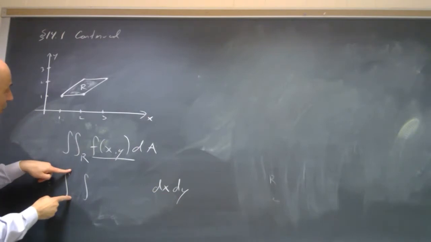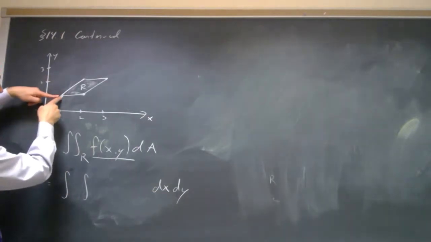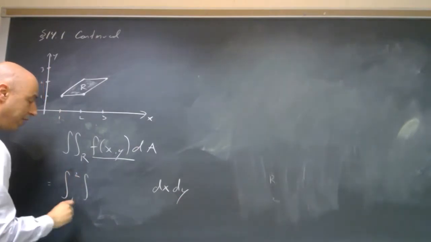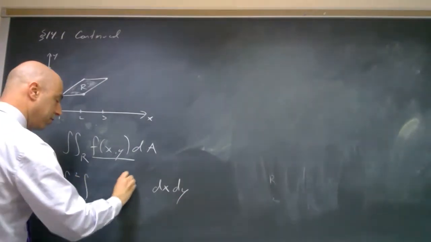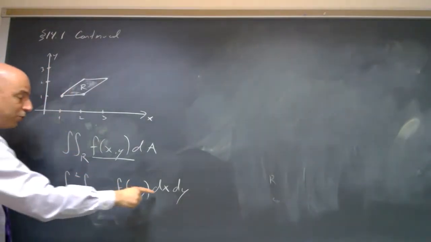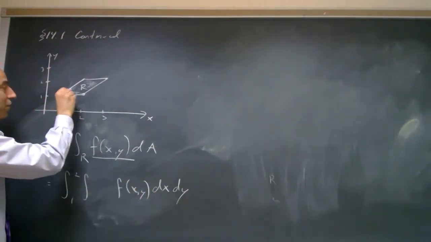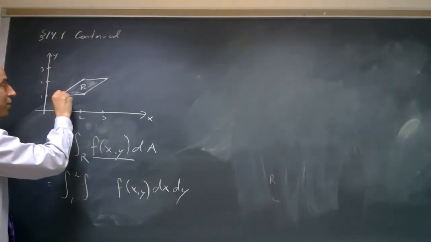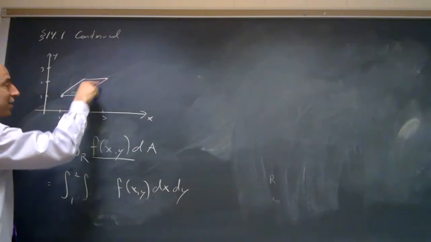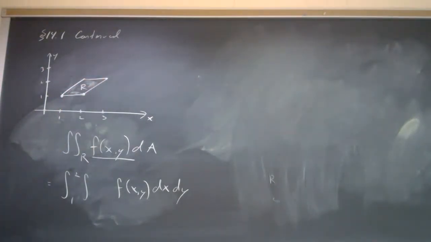So we'll go from the minimum y to the maximum y. The minimum y is 1, the maximum y is 2. So we're going to go from 1 to 2. And if you're doing dx on the inside, you're going from the left curve to the right curve. So this is going to be x equals something in terms of y and x equals something in terms of y. The inside limits of integration can use the outside variable.